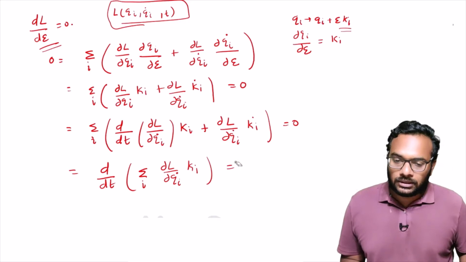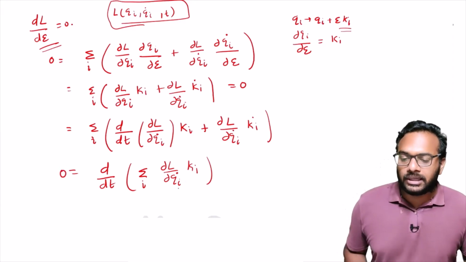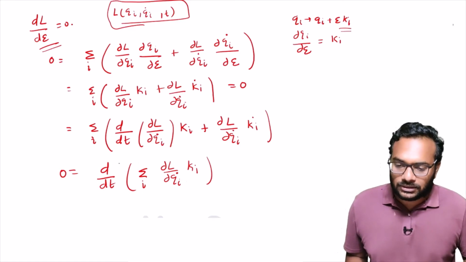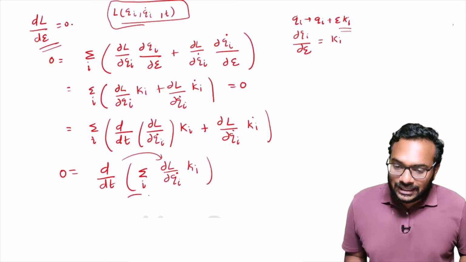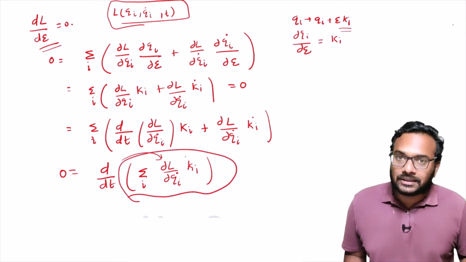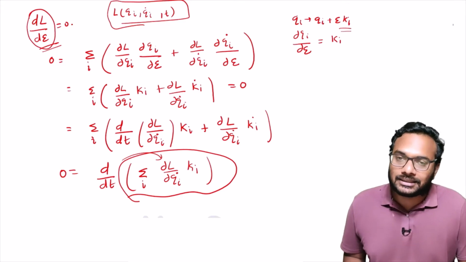We are demanding this is equal to 0. You can check this: if you make an expansion using the product rule, you'll get d/dt of ∂L/∂qi dot multiplied by ki plus ∂L/∂qi dot ki dot. So we see that the time derivative of some quantity is 0 if we demand that the first order change in the Lagrangian under this transformation is 0.